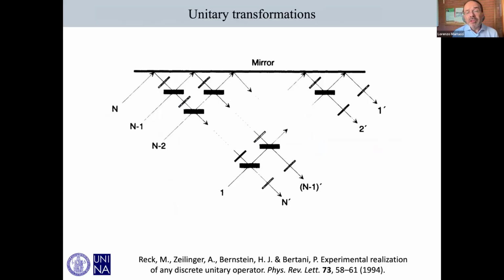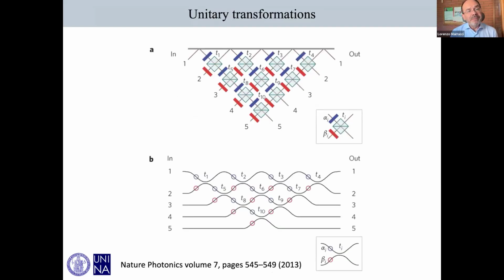Implementation of an arbitrary unitary transformation among optical modes can be achieved using a set of beam splitters and phase shifters, as was first demonstrated in this paper by the Zeilinger group back in 1994. And this is between separate path modes.